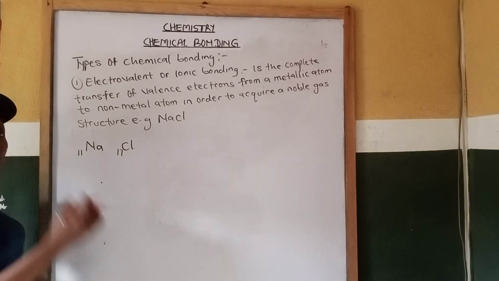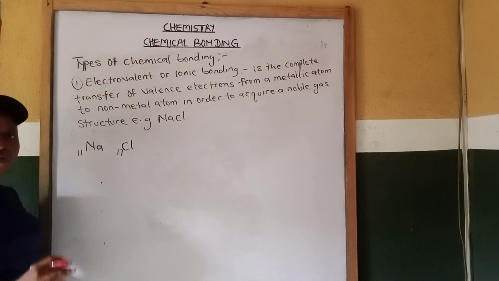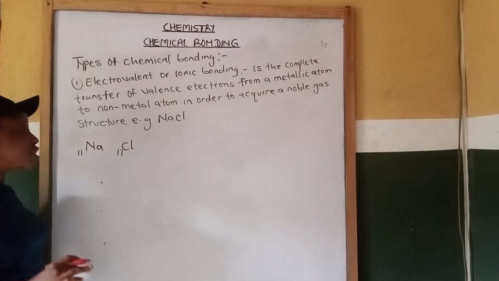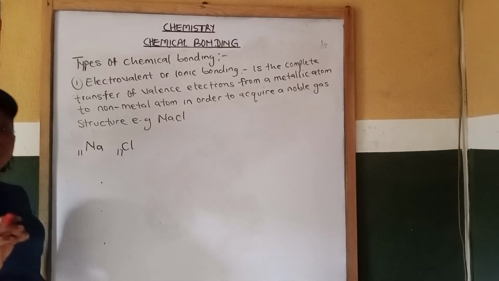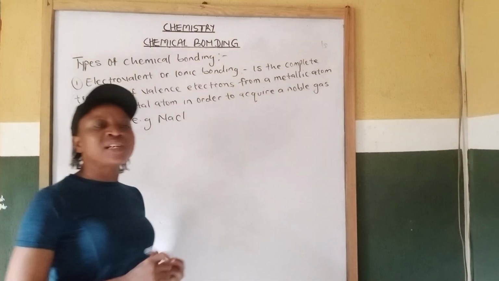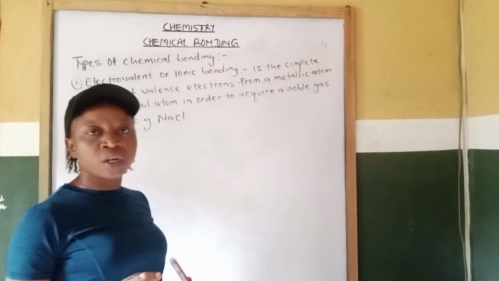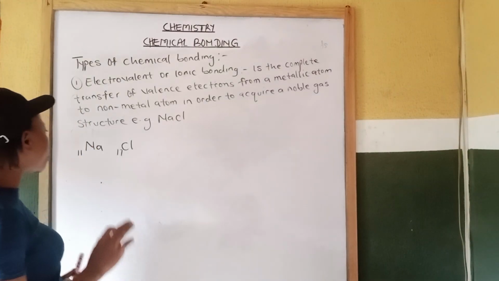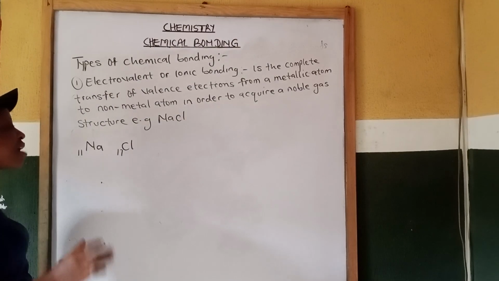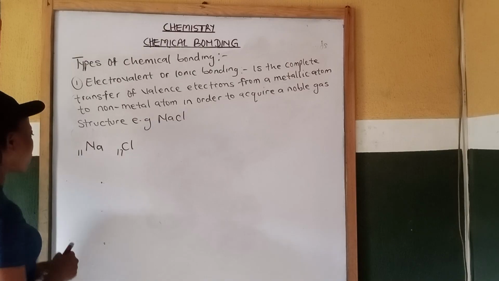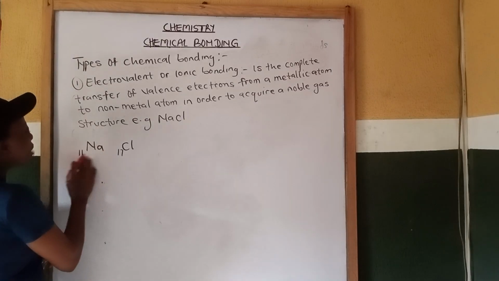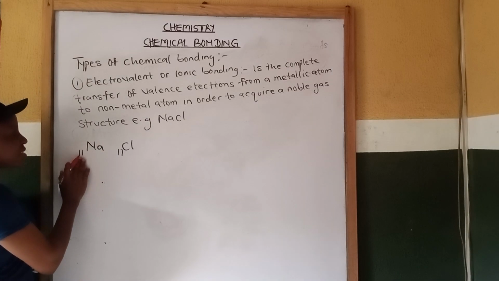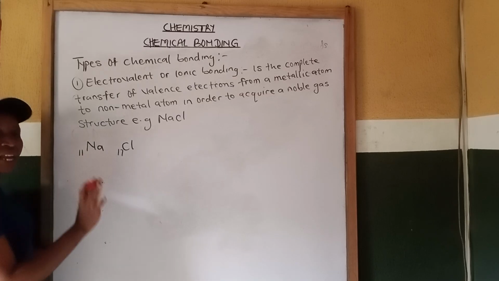So let's go back to our electronic configuration. The first shell, which is known as the K shell, carries a maximum of 2 electrons, while other shells carry 8 electrons. Now sodium is number 11, so it has 11 electrons.